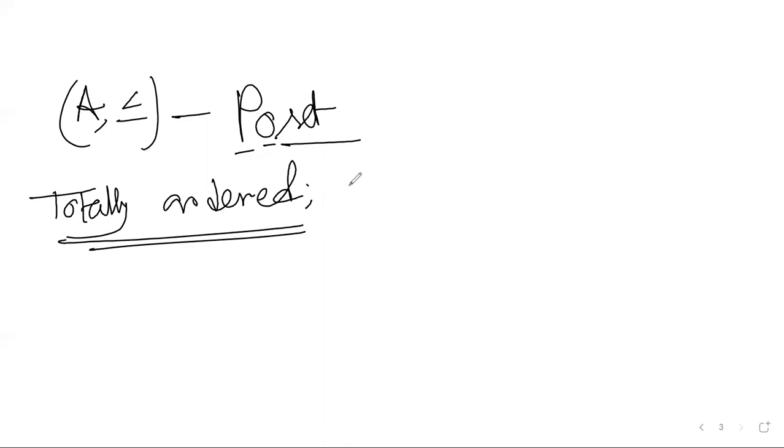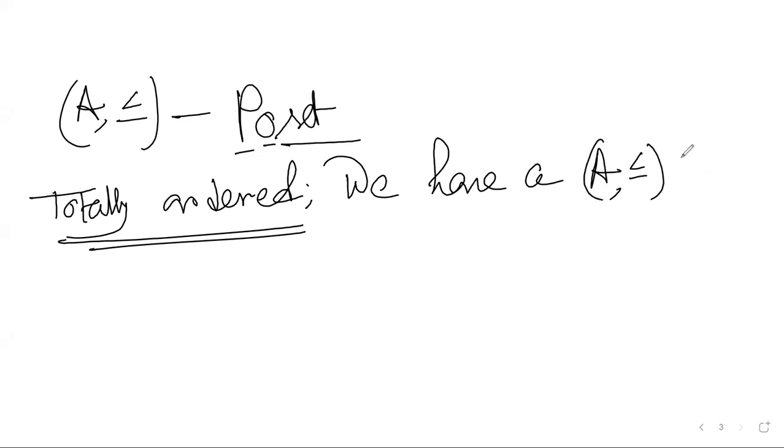So first of all, we have a partially ordered set, A with less than or equal to, a poset.